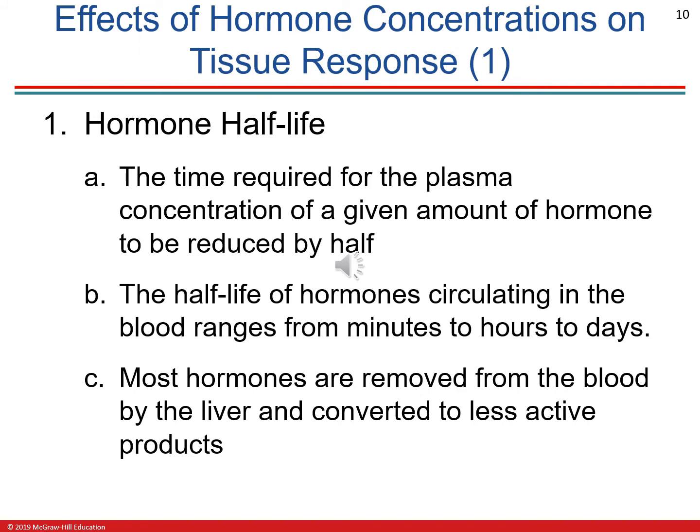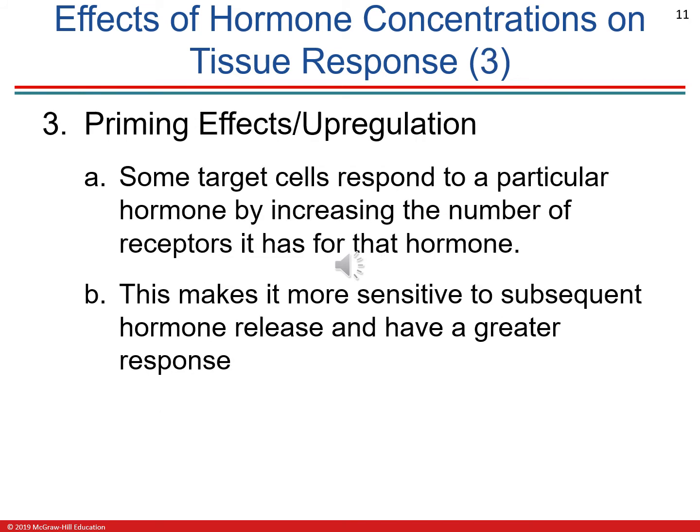The hormone concentration in tissue responds to one particular topic, the hormone half-life, which refers to the optimal hormone concentration in plasma, and it differs from hormone to hormone. Some of them can last a few minutes and some of them a few days. Sometimes the hormone concentration affects the number of receptors in the target cells.